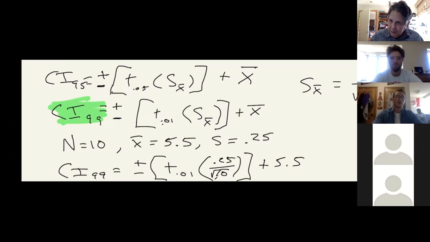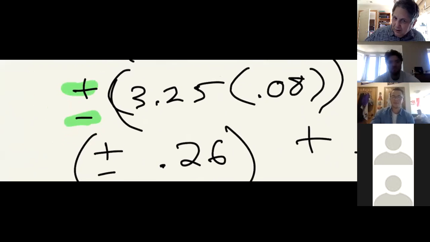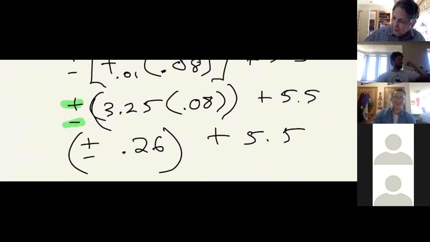I don't know if I'm the only one, but I can't see what you're doing anymore. Same here. Really? Yeah, there it is. Yeah, but it won't stay. Oh. Hold on. You could see the last line though, 0.26 plus 5.5. No, I can't see anything past the 0.25 over 10 squared plus 5.5. What? Why didn't you say something 3 times ago? I thought I was glitching. No, apparently it can't see the whole screen. Hold on, maybe I can get you to see some of it.